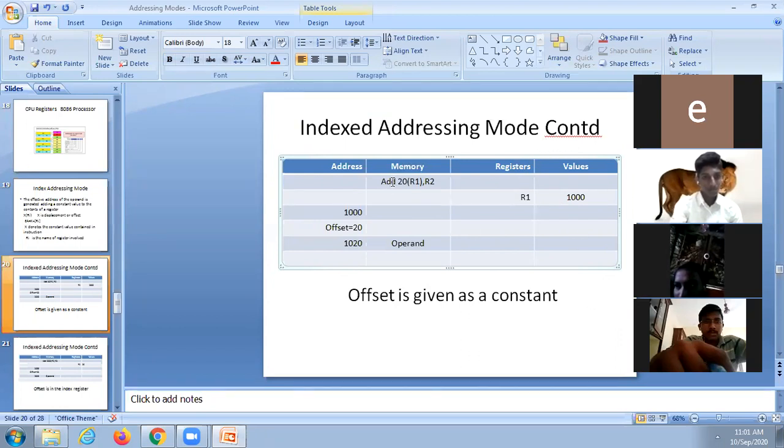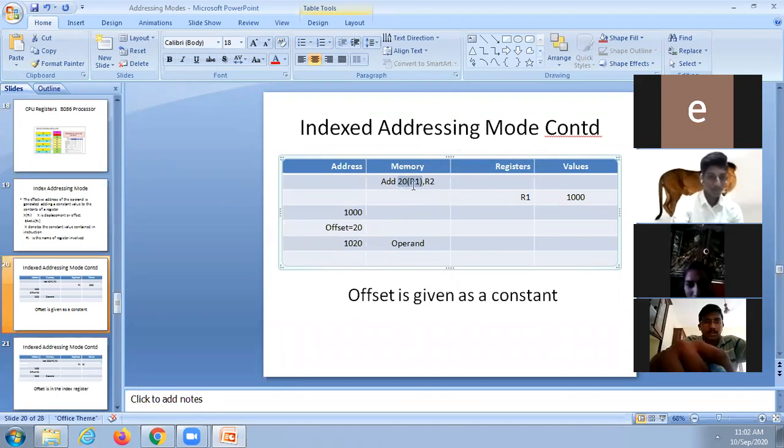Already I told that all the instructions or all the programs are stored only in the main memory. For example, you take an instruction in one of the memory locations: add 20 within the brackets R1 comma R2. So what is the meaning of this? Here 20 within the brackets R1 is called indexing.